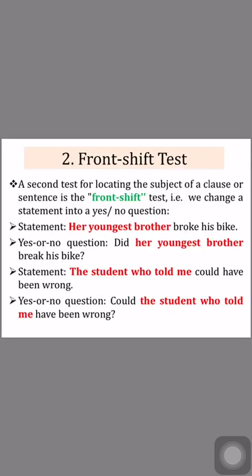With the shift from a statement into a question, we will see the subject-verb inversion. There is a change or a shift in the position of the subject and the verb. So in the first sentence, in the statement, the subject is the first element.